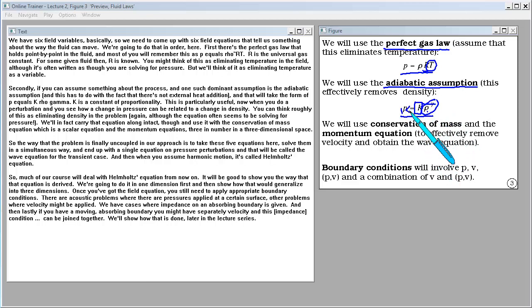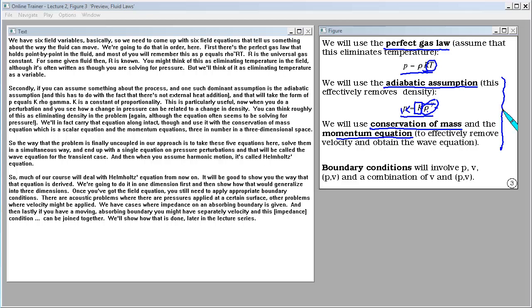We'll in fact carry that equation along intact, though, and use it with the conservation of mass equation, which is a scalar equation, and the momentum equations, 3 in number, in a 3-dimensional space. So the way that the problem is finally uncoupled in our approach is to take these 5 equations here, solve them in a simultaneous way, and end up with a single equation on pressure perturbations, and that will be called the wave equation for the transient case.